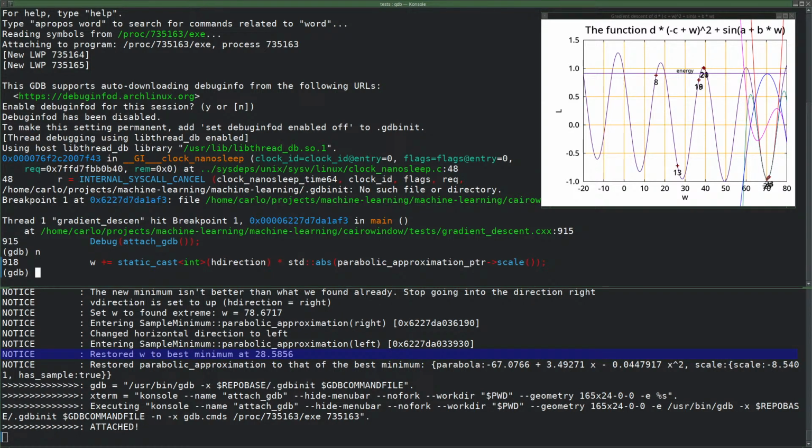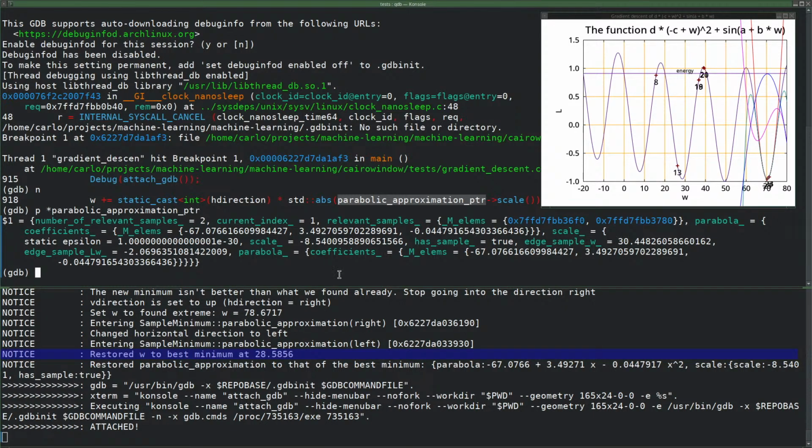Okay, so print the current parabolic approximation, which says that it has a scale of 8 and vertex was, I saw somewhere 28 something.